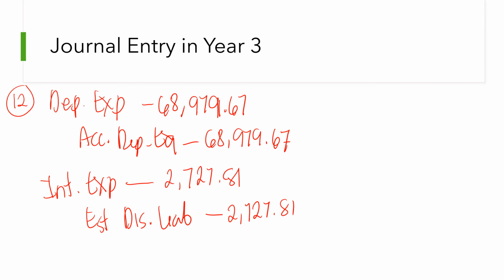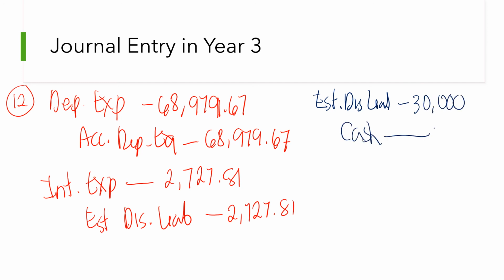So in addition to the interest expense, assuming we dismantle at the end of year 3, our journal entry will include a debit to estimated dismantling liability for 30,000, and credit cash for 30,000.